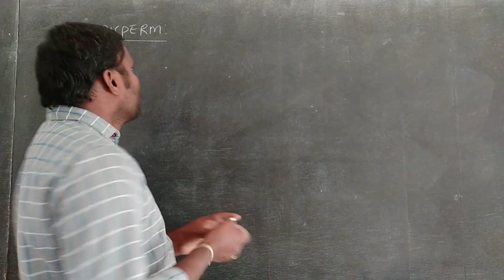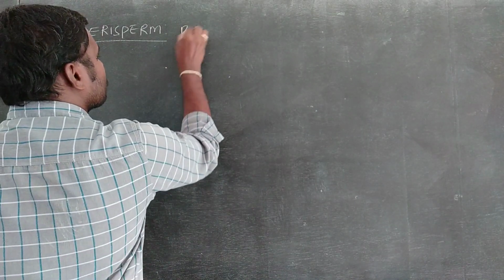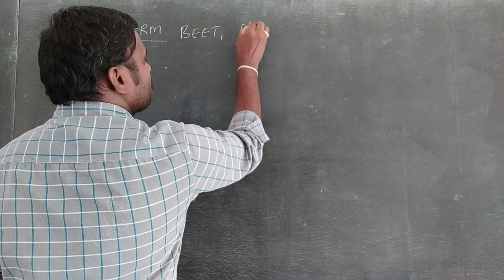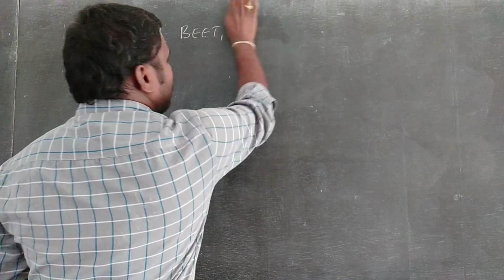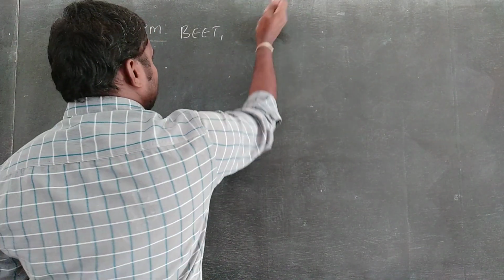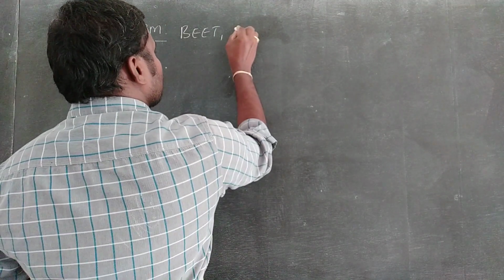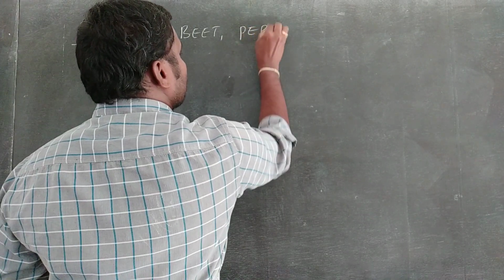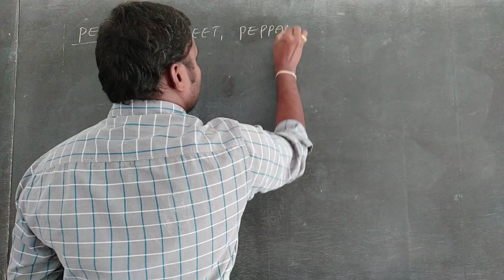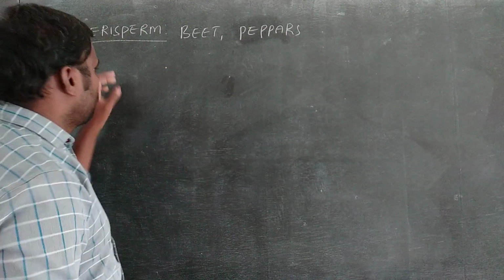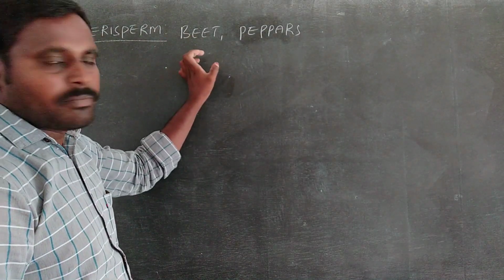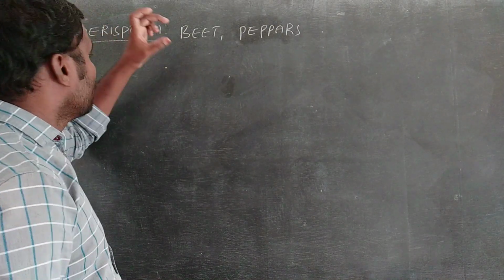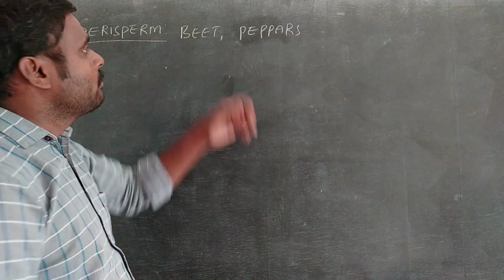Example for that: beet and black pepper. In beet and pepper the remnant of the nucellus is present, hence those seeds are called perispermic seeds.